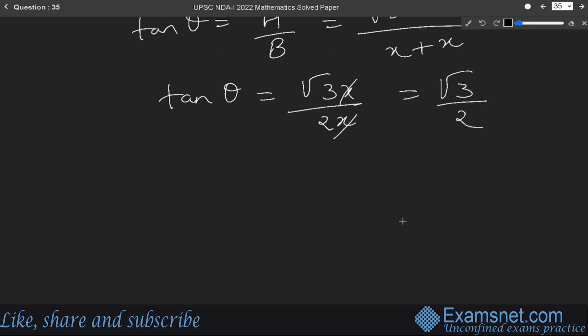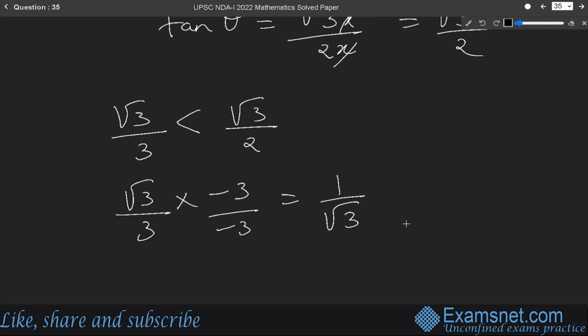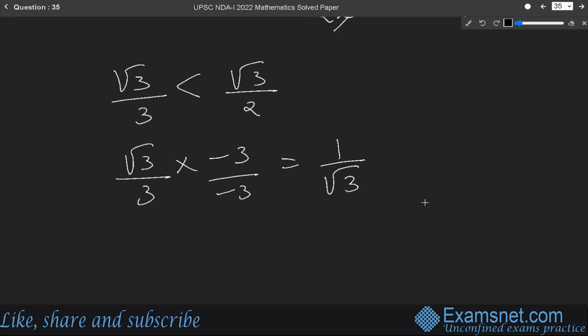Now we know that root 3 by 2 is greater than root 3 by 3. And when we rationalize root 3 by 3, then we will get 1 upon root 3. So in the place of root 3 by 3, I can write 1 upon root 3.